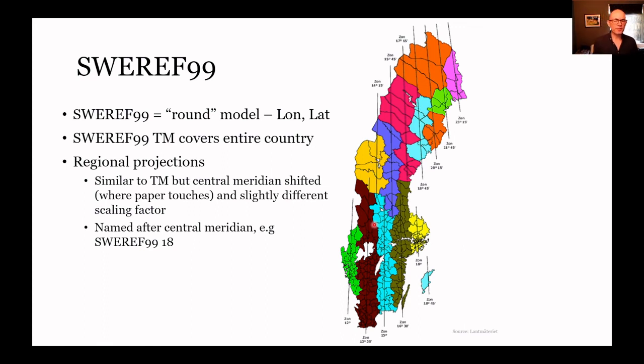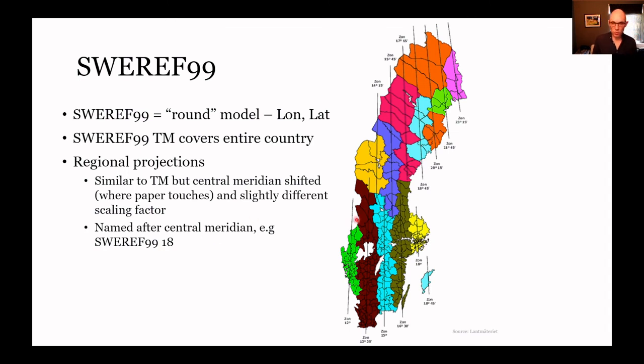There are another couple of small differences as well in how the projection is played out, the scaling factors mostly. But these then, rather than being called SWEREF99 TM, are called SWEREF99 18 or whatever your meridian is that you're using. So you've got these projections locally that are more accurate for detailed work.